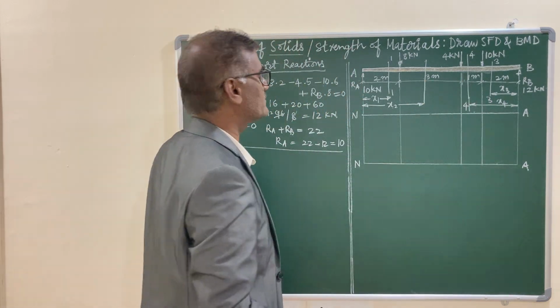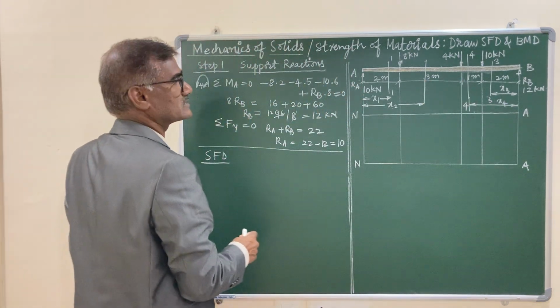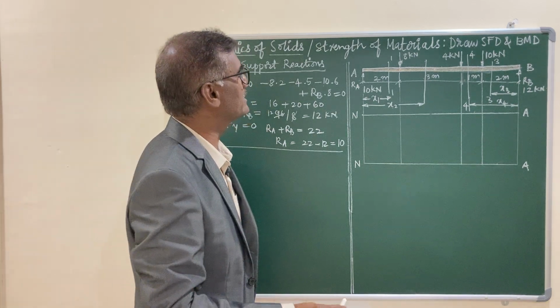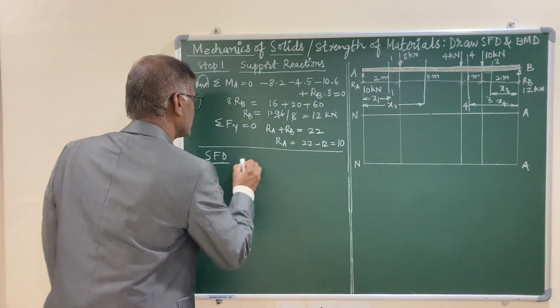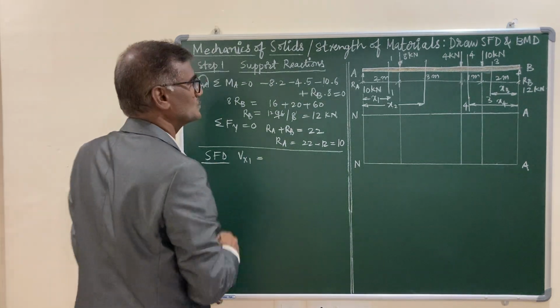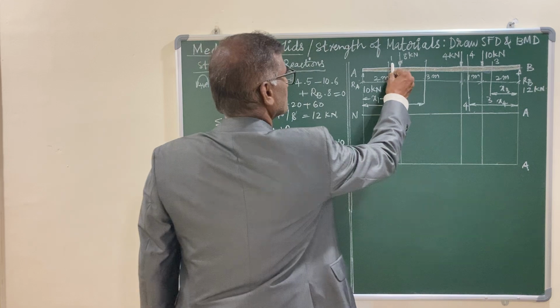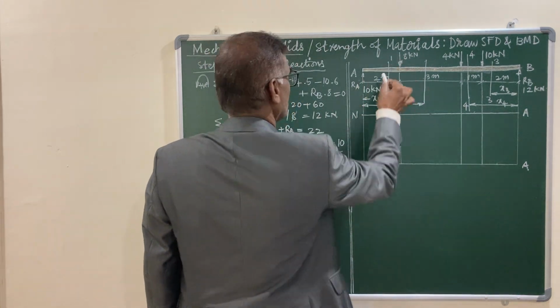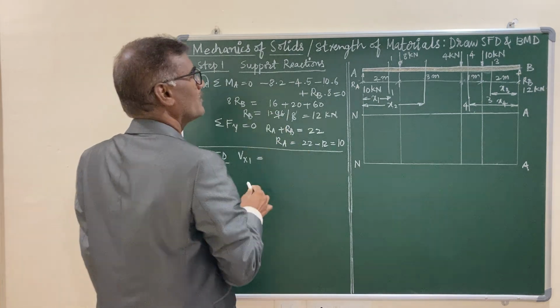So let us write the shear force equations for these 4 sections. As you know, a standard symbol for the shear force is V. Let me write Vx1 equals, for this particular section, 10 kilonewtons is contributing clockwise turning effect. Clockwise turning effect is always positive shear force.